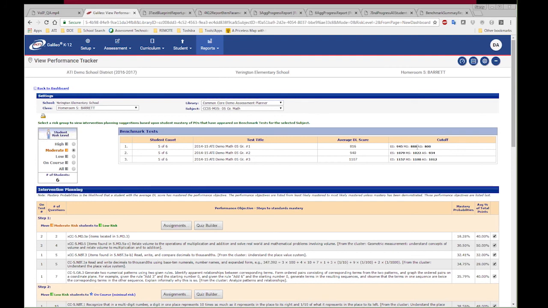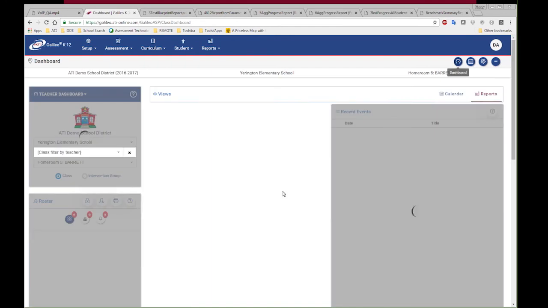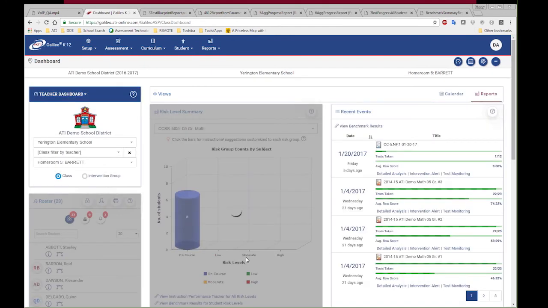The state of Arizona has changed that scale to proficiency language: minimally proficient, partially proficient, proficient, and highly proficient. And other states have other languages and may have more or fewer levels of performance. So that's the performance tracker.